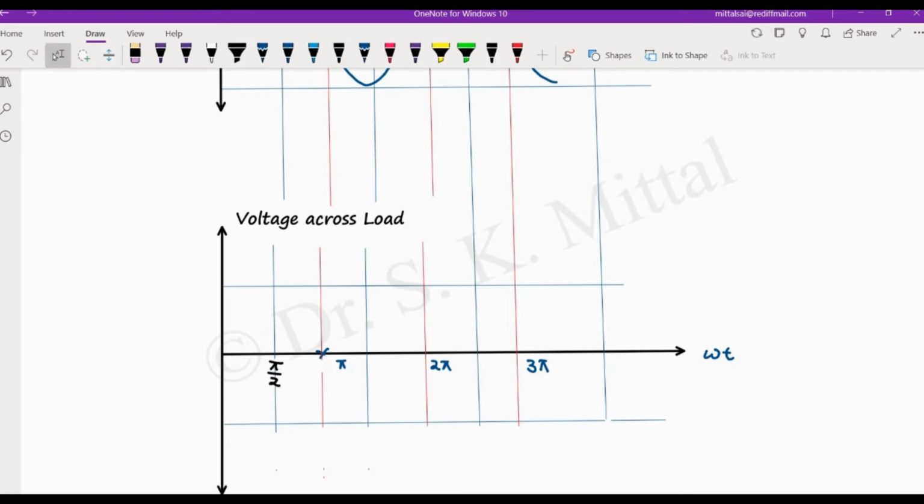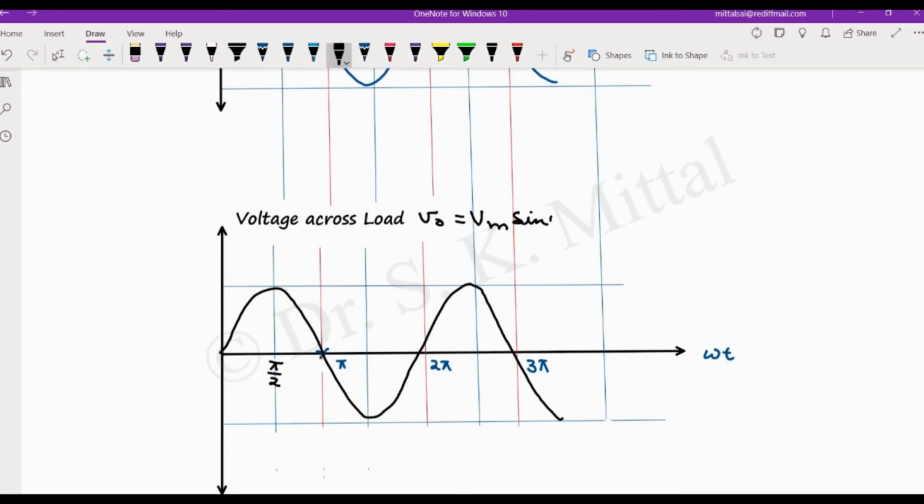Therefore, we can draw a sinusoidal voltage waveform to represent the voltage across the pure inductive load. So this is the voltage across load. V0 is equal to Vm sin omega t.